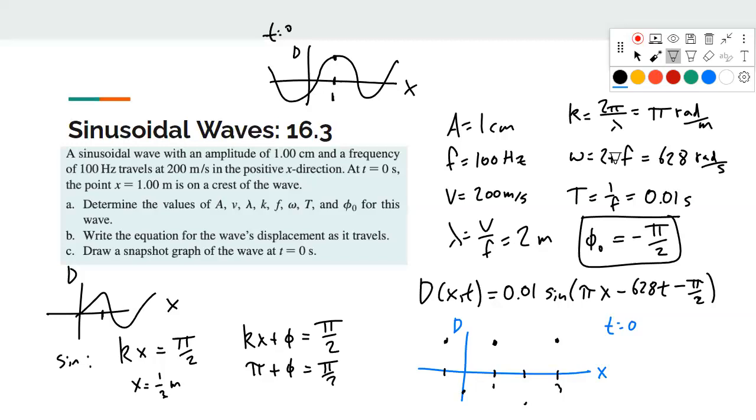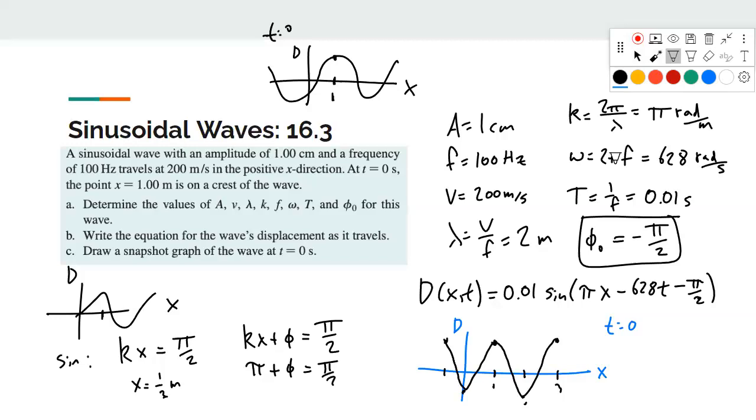So this tells you pretty well what the wave looks like. It looks, if I can draw it accurately, something like that.